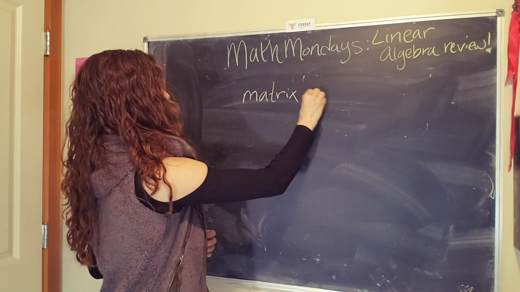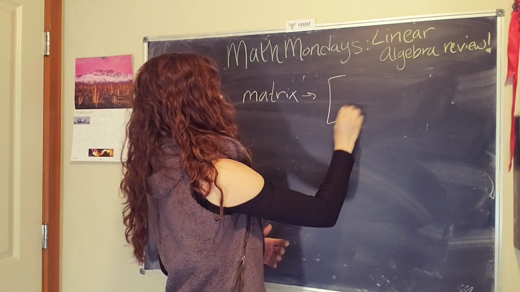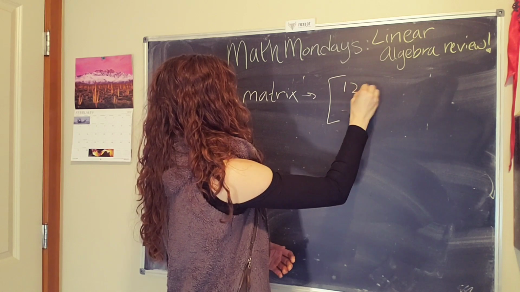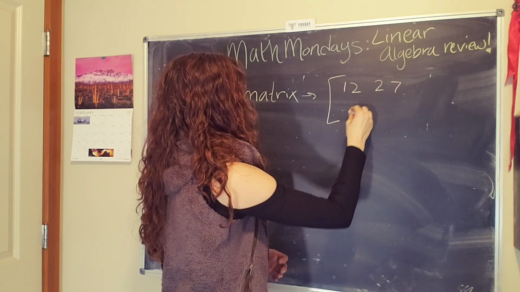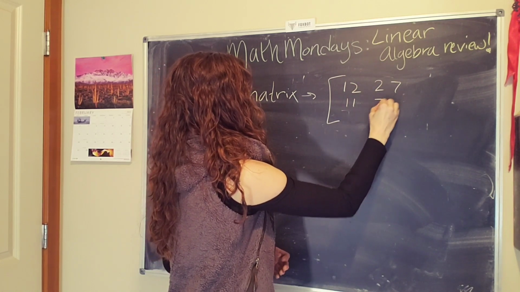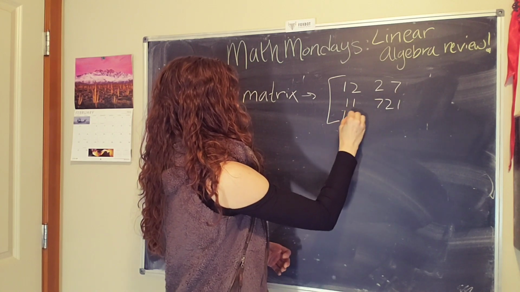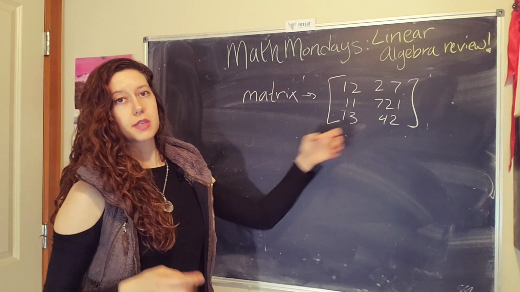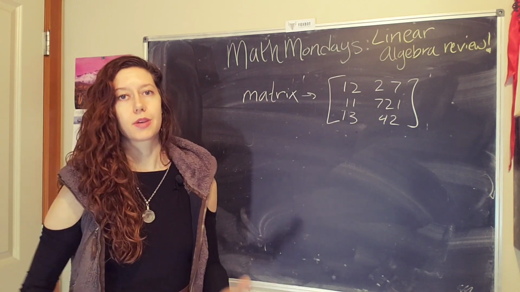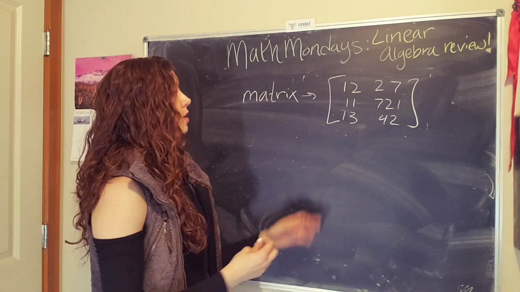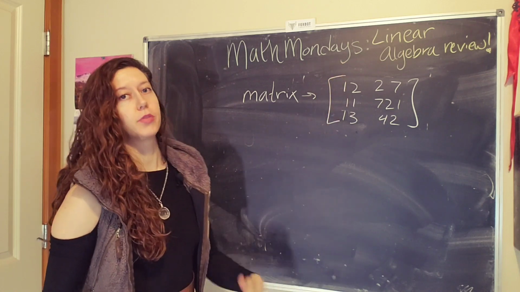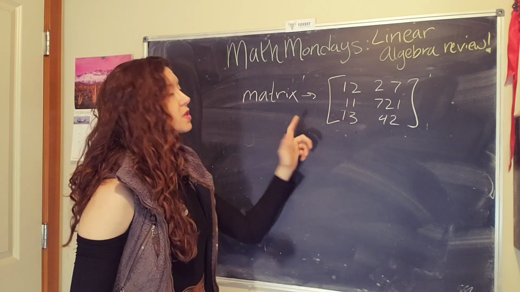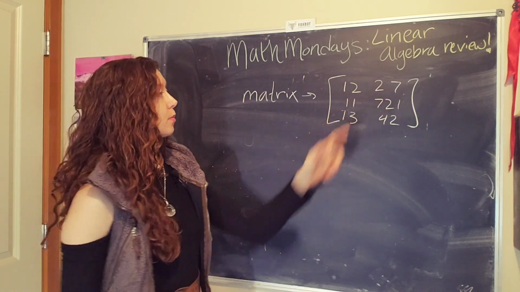So a matrix is going to look something like this. We have some numbers in here. I'm going to pick numbers from the top of my head, which is always a fun game. Matrices always have a certain size, which we call dimension. When we're talking about the dimensions of a matrix, we talk about the number of rows first, and then the number of columns.